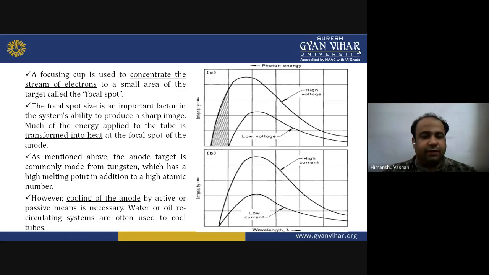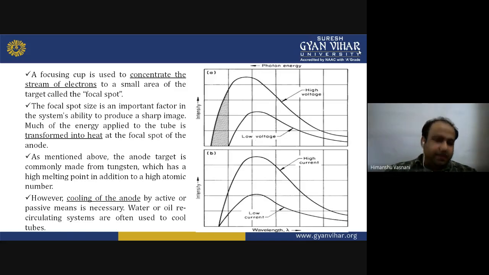On the right hand side, you can see the anode target is commonly made from tungsten. Why tungsten? Because of its property that it has a high melting point in addition to a high atomic number. That's why we go with tungsten.